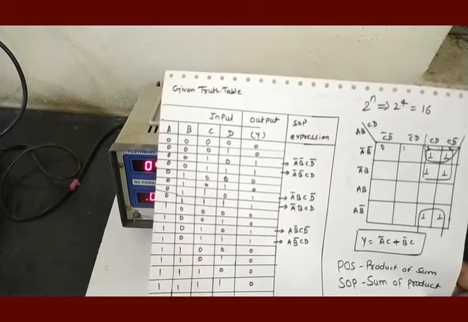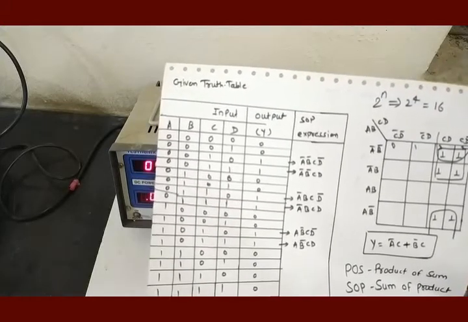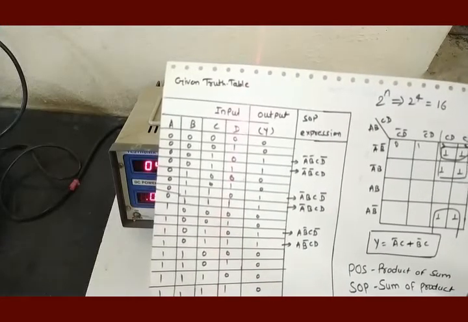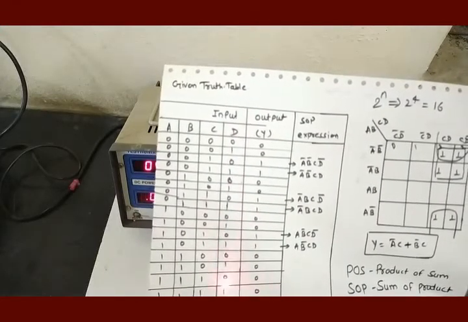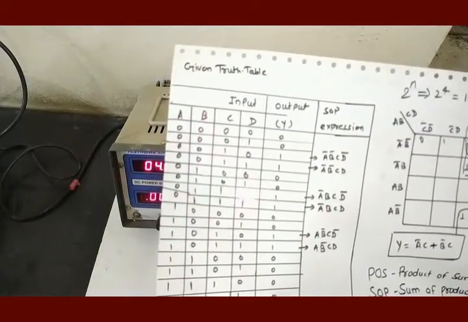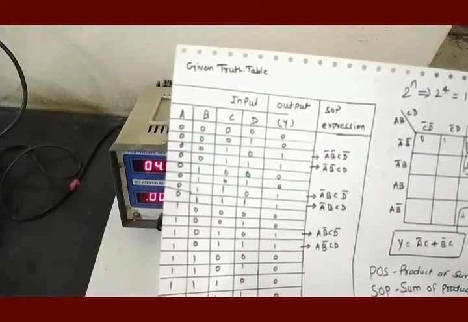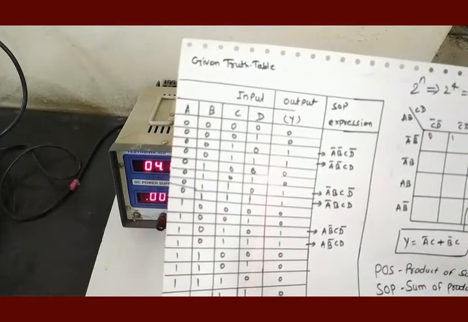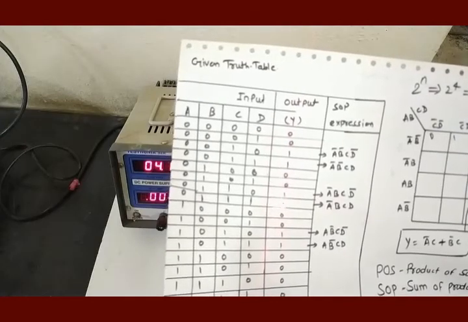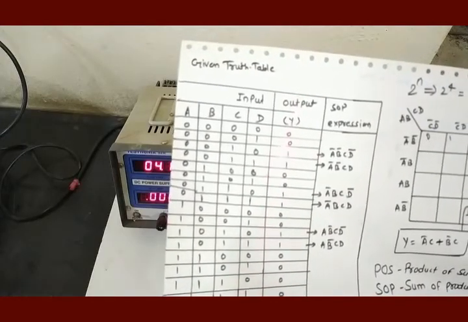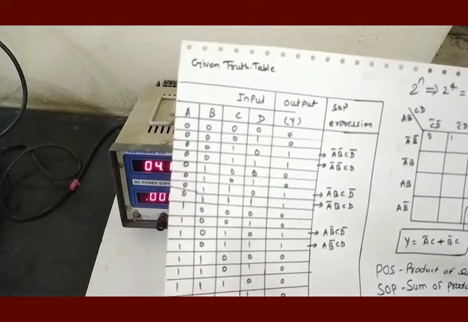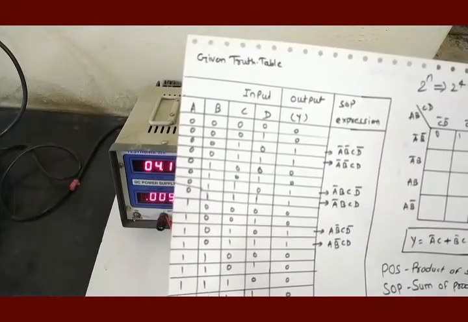And therefore, whenever you verify this truth table, there is no need to go for D. The whole column for D is deleted, and you need to take only A, B, C in complemented and uncomplemented form. Moreover, you need to verify only 6 conditions. For these 6 conditions only, the output should be 1. For the remaining input conditions, the output should be 0.